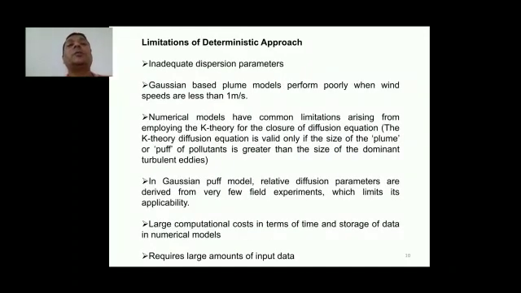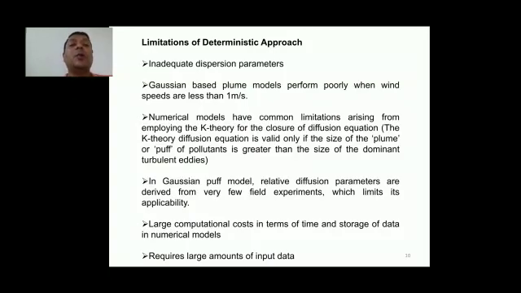Now, limitations of the deterministic approach. Inadequate dispersion parameters: Gaussian based plume models perform poorly when wind speeds are less than 1 meter per second. Numerical models have common limitations arising from employing the K theory for the closure of the diffusion equation. The K theory diffusion equation is valid only if the size of the plume or puff of pollutants is greater than the size of the dominant turbulence eddies.